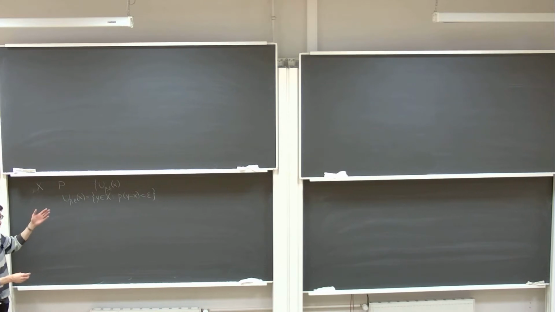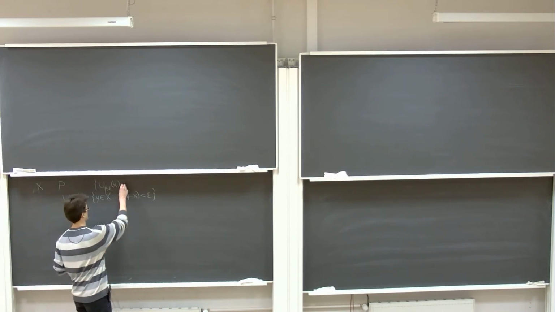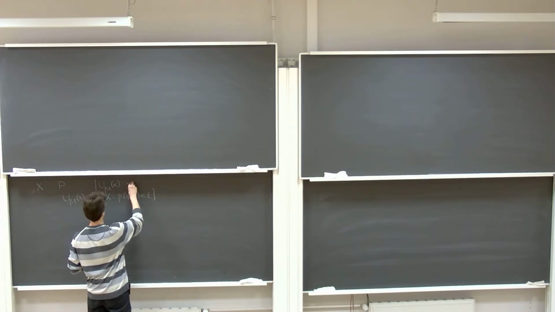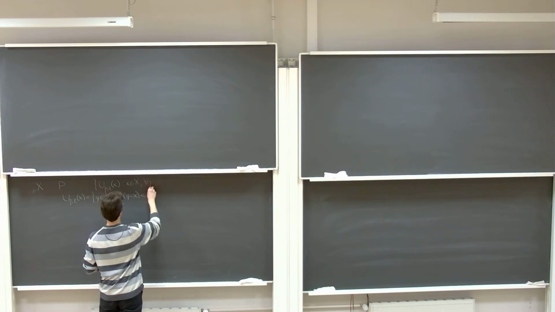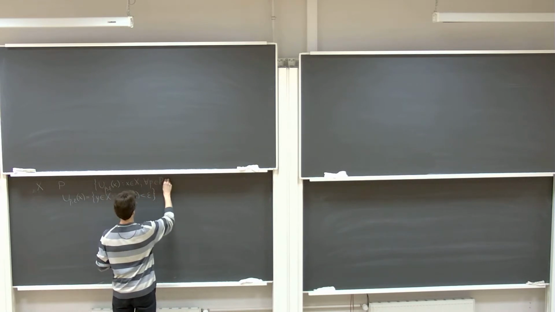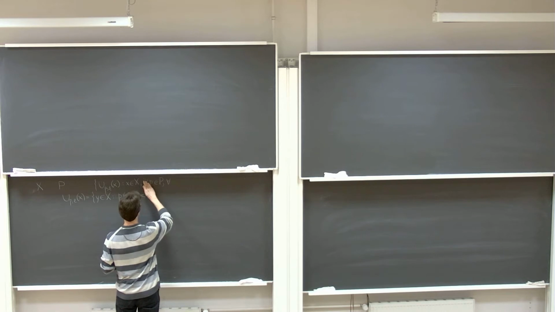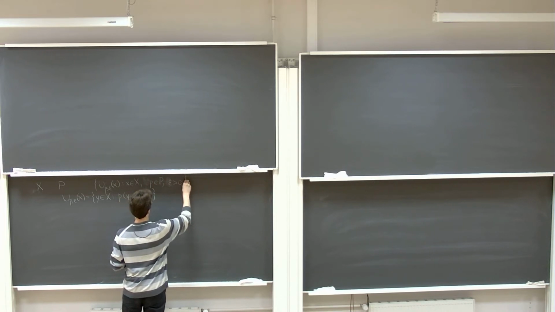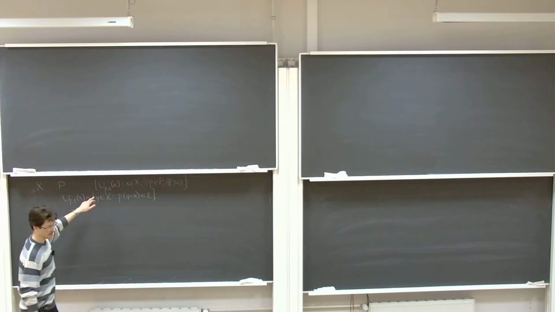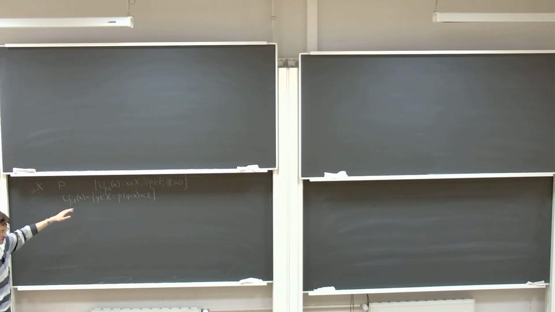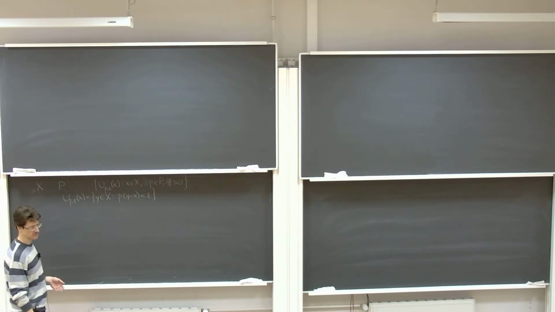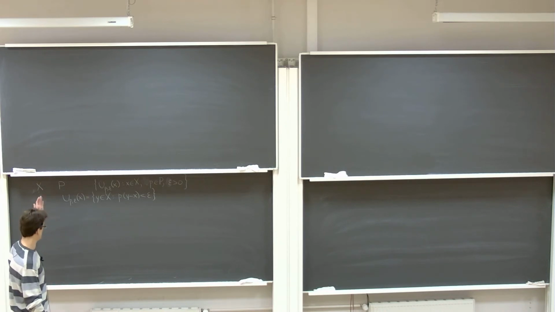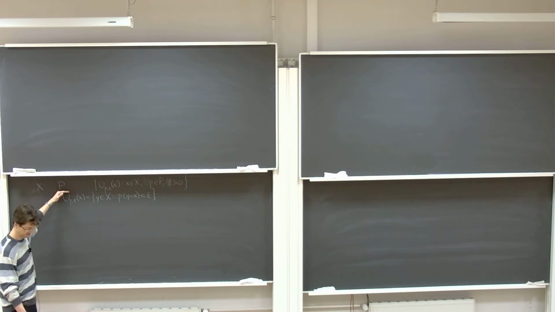So if we consider all such open balls for all x, for all seminorms P in our family, and for all positive epsilon, then the resulting family is a subbase of a certain topology, and this topology is called the topology generated by our family of seminorms P.